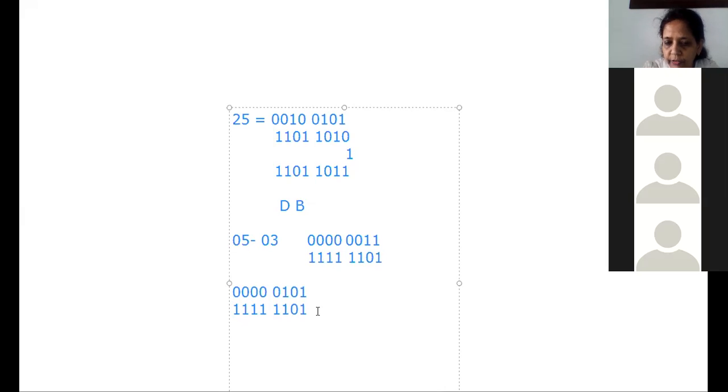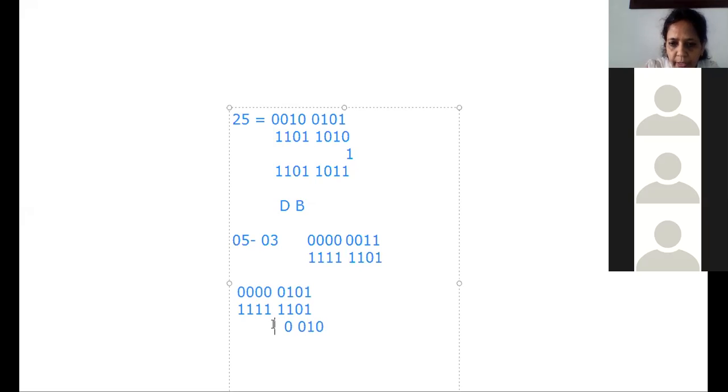Okay. So what is the answer now? If you see, what is the answer? 1 plus 1, it will be, correct, 0 here, then 1 here, then 1 plus 1, it will be 0. Then 1 for carry, so 1 plus 1, it will be 0.